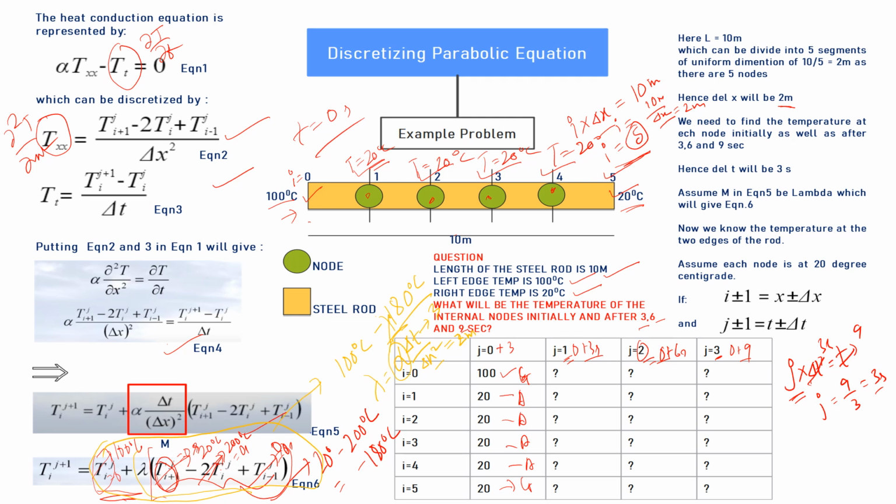Now this alpha will be given, or you can find it out.